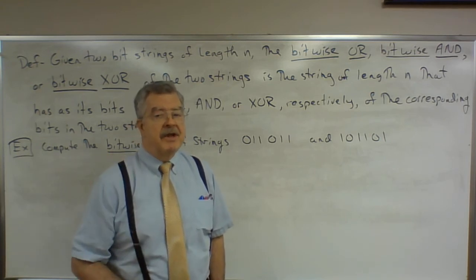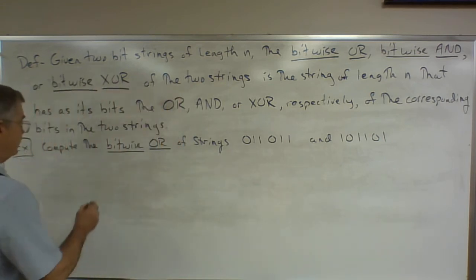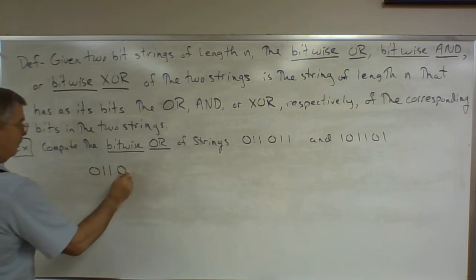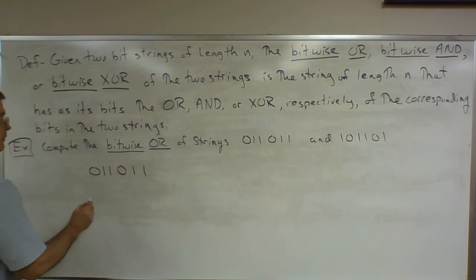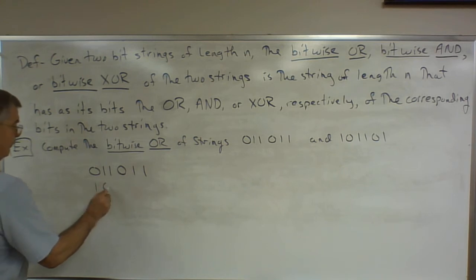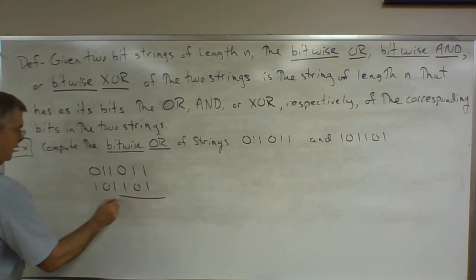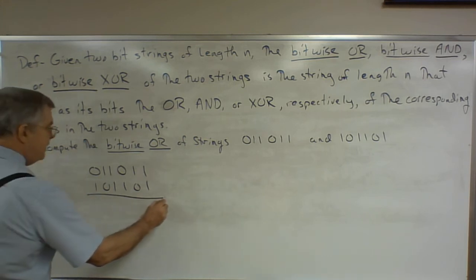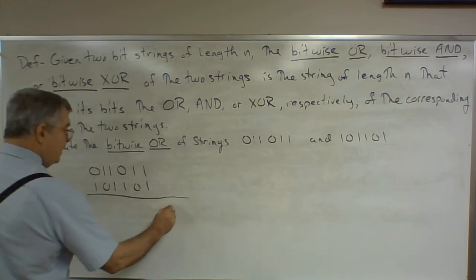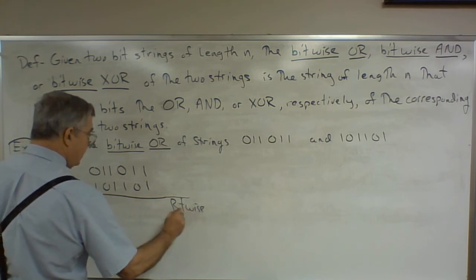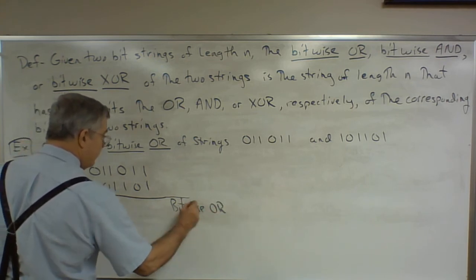So this operation is possible. Here's the first string. Here's the second string. And we're going to put our answer down here. And we'll call this the bitwise OR.